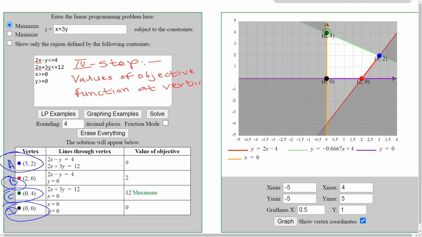How to obtain the values? Simply substitute values of x and y. The objective function here is z is equal to x plus 3y.